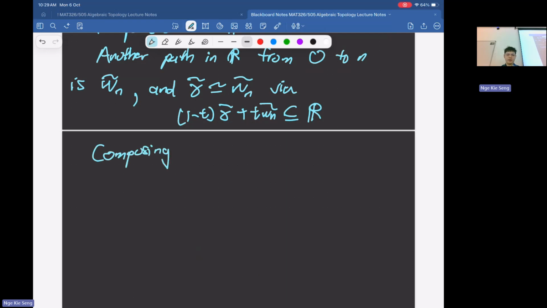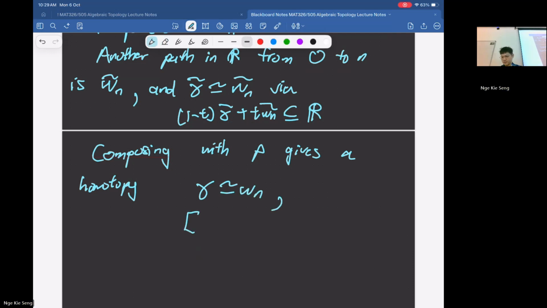Composing with P gives a homotopy between, we call F or gamma A. So gamma is homotopic to Wn. In particular, the homotopy class of gamma is equal to the homotopy class of. Make sense?